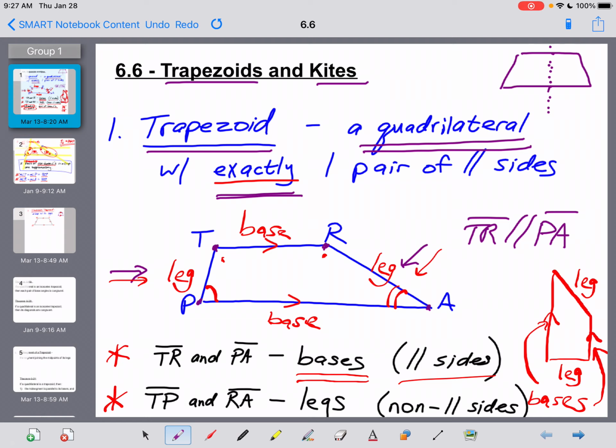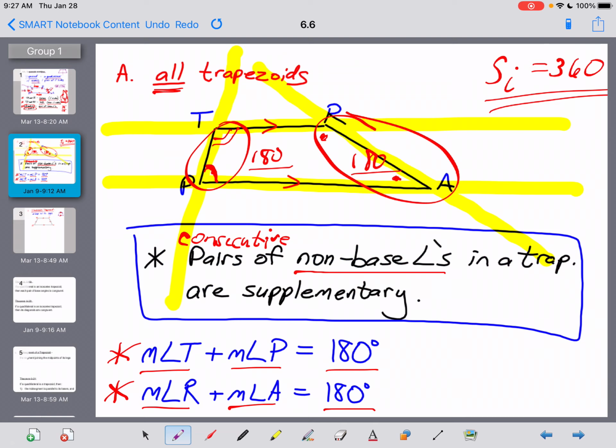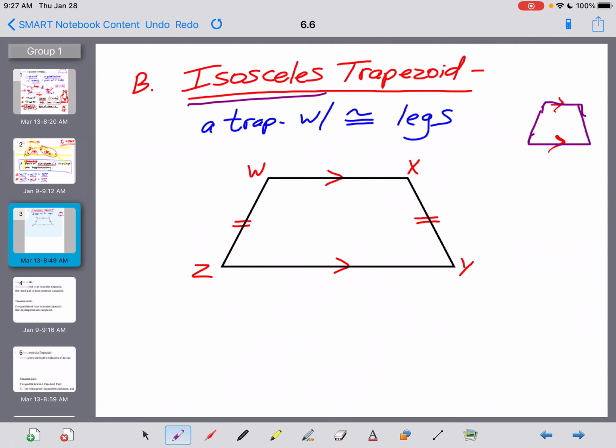It's important to realize that a trapezoid doesn't need to have that symmetric property. This trapezoid that we drew right here and the one that I drew right here, these are examples of what I'd call generic trapezoids or a non-isosceles trapezoid. But now here we're specifically going to talk about an isosceles trapezoid, which is a trapezoid with congruent legs.